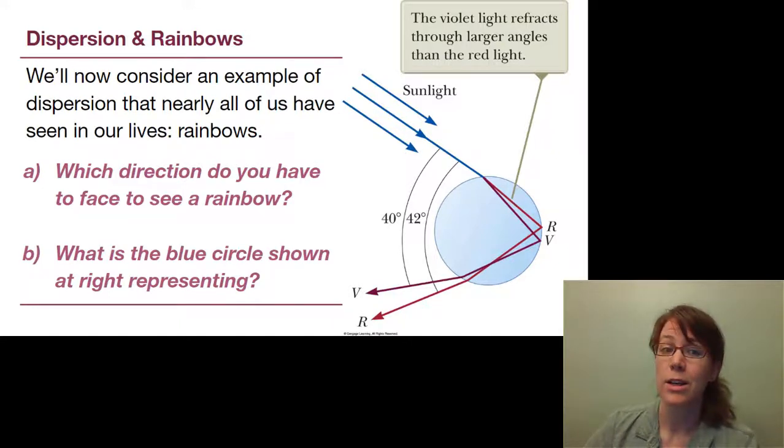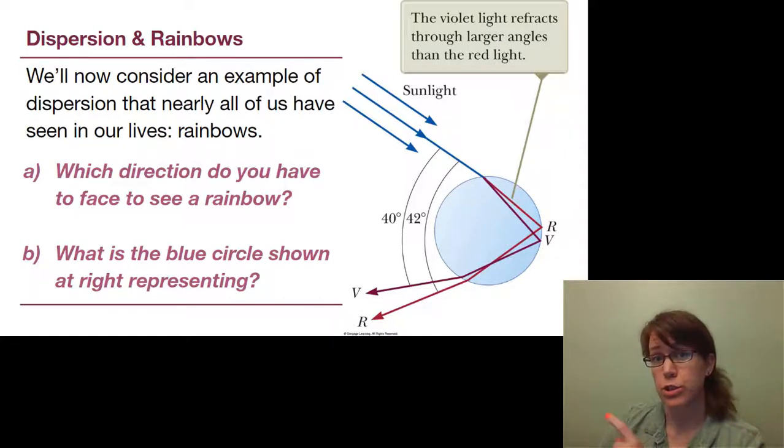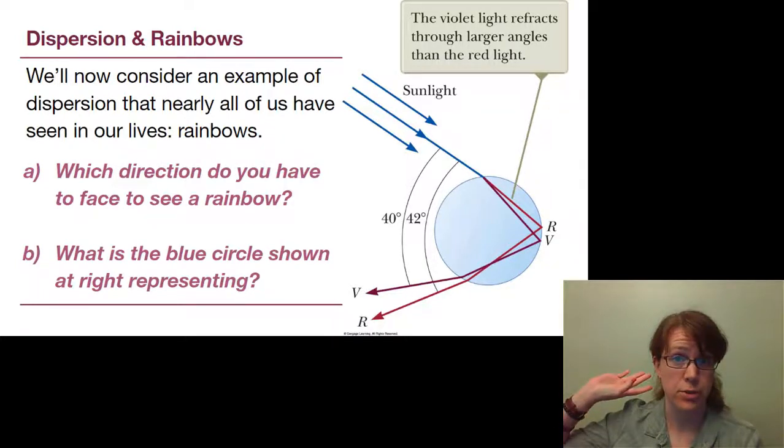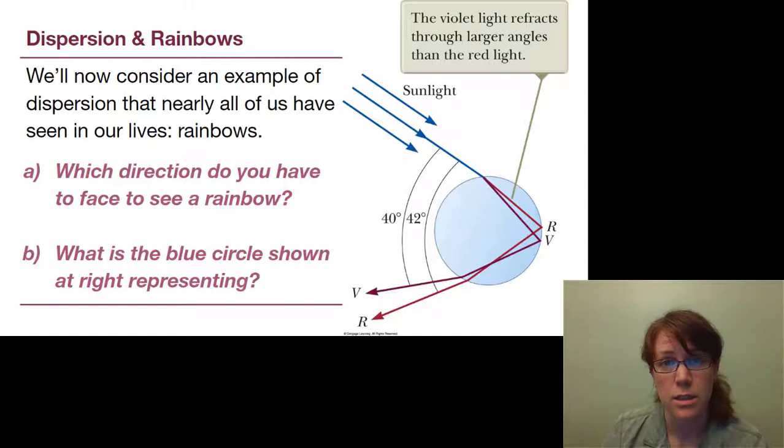All right. So for the first question, part A, you can't actually see a rainbow at any compass direction you want to, because you need to have the sun behind you. And in the northern hemisphere, including Grand Rapids, the sun rises in the general east direction, sometimes northeast, sometimes southeast.